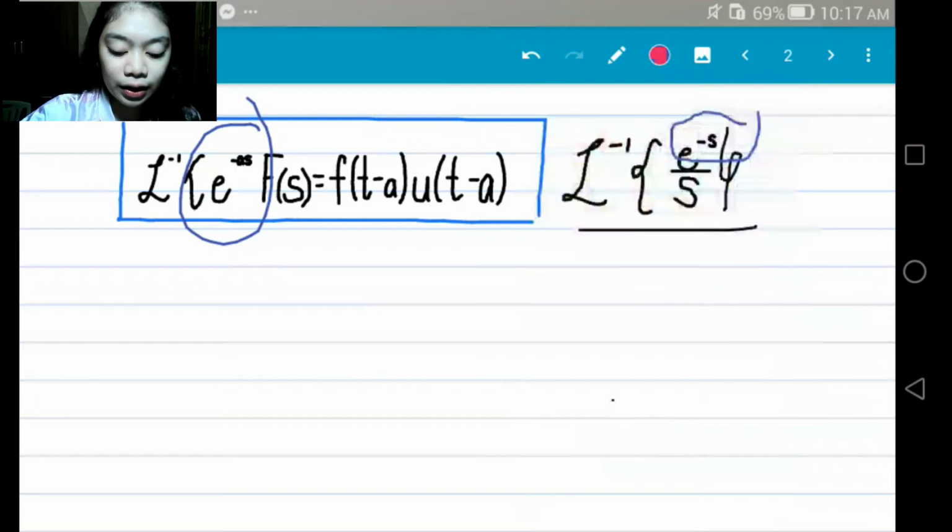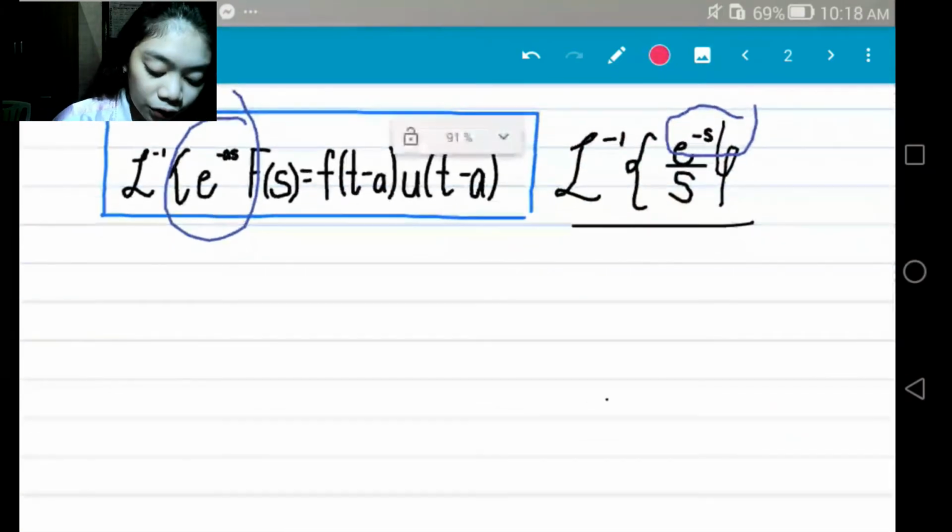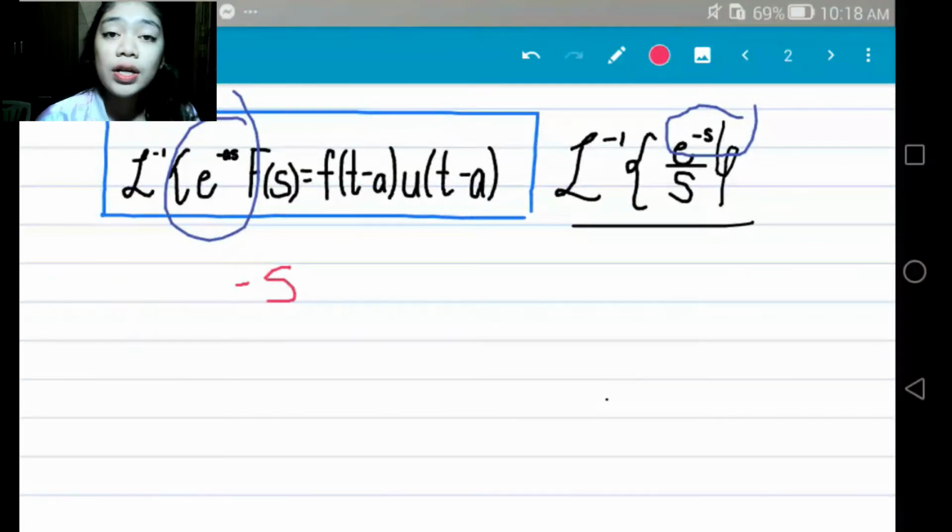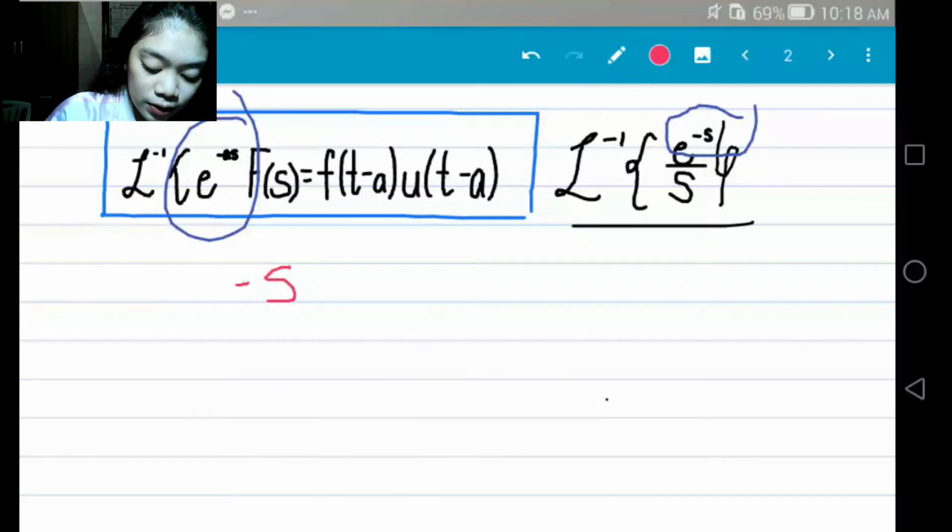So let me just write it down here. The exponent of e here is negative s. As you can see, negative s has a numerical coefficient of negative 1. So its numerical coefficient is equal to negative 1.